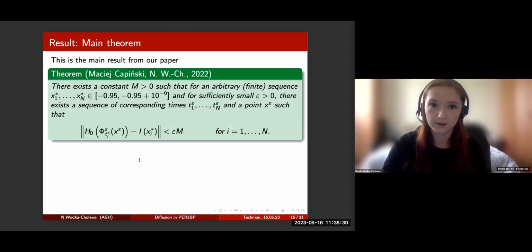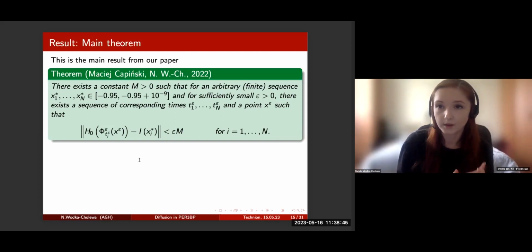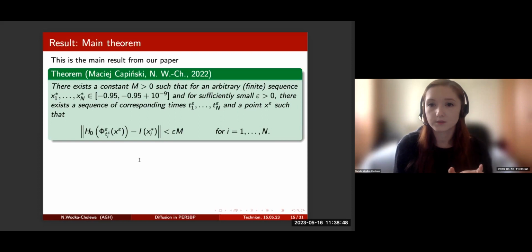So we're preparing ourselves to understand what is going on here. Okay, this is the main result from the paper. There exists a constant m greater than 0 such that for an arbitrary finite sequence of values from our interval, and for a sufficiently small perturbation parameter epsilon greater than 0, there exists a sequence of corresponding times and a point.